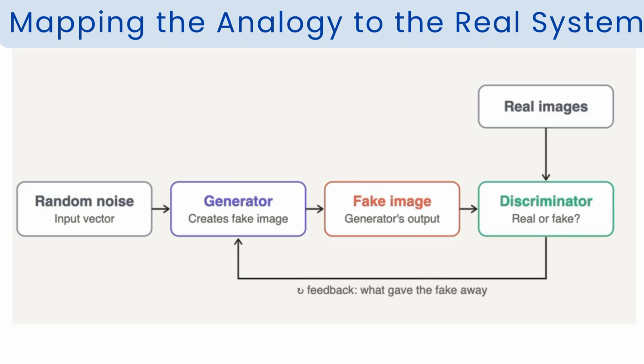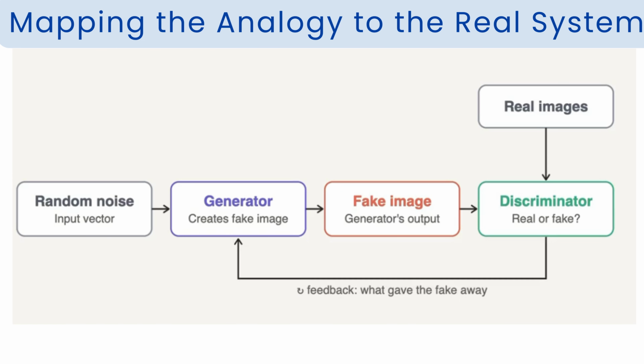Now we have the second part, that is the detective. In a GAN, the detective is called the discriminator, and its job is very simple. Just look at an image and decide is it real or fake. The discriminator receives two types of images.